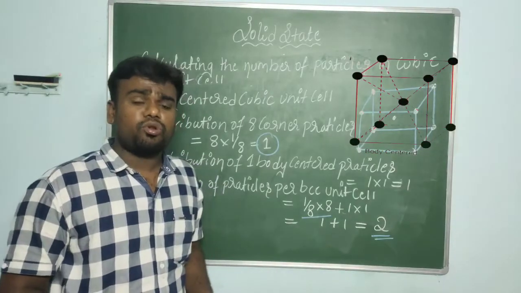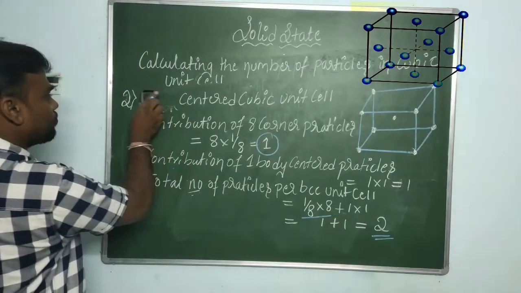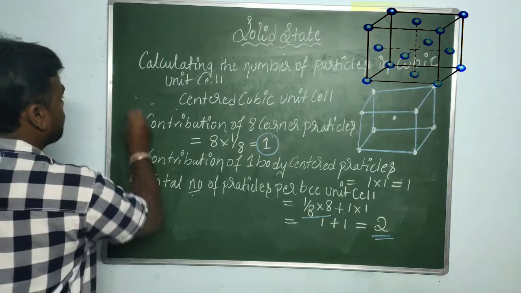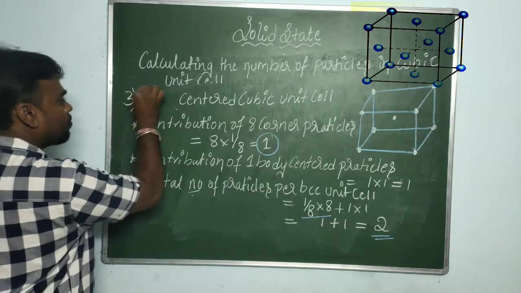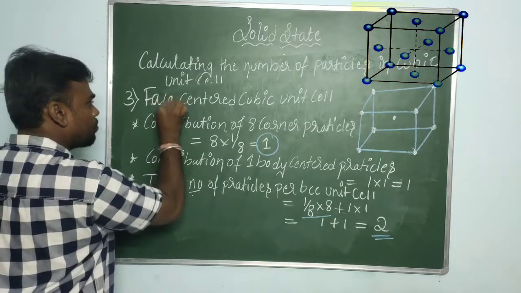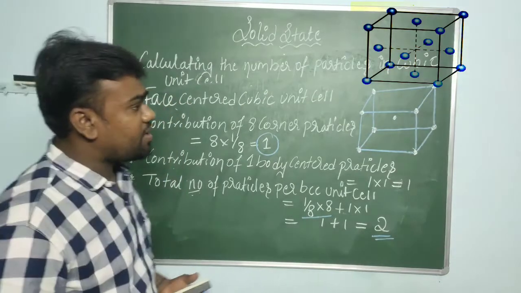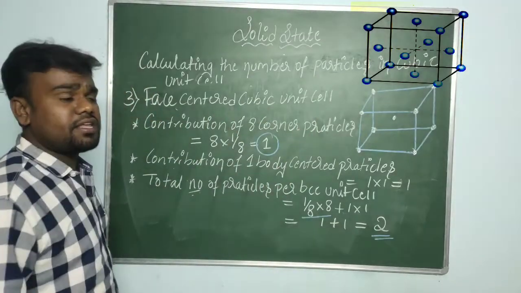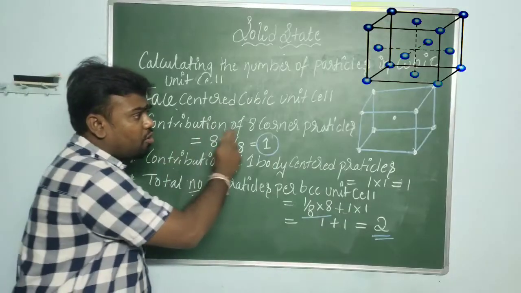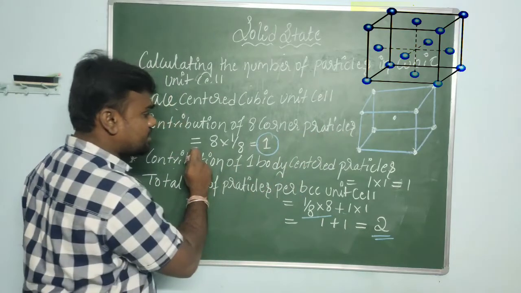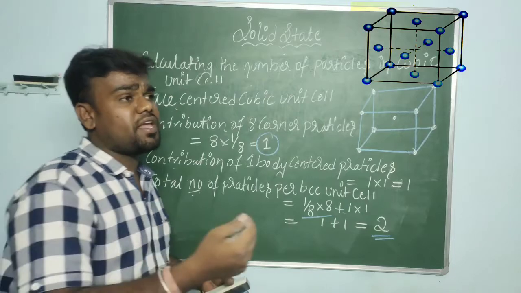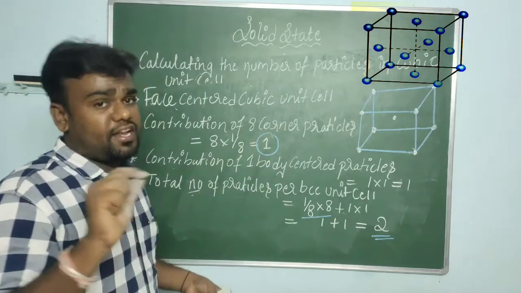Next, we are going to study the face centered cubic unit cell. Similarly, here also the contribution of 8 corner particles is 8 into 1 by 8, because one atom is shared by the surrounding 8 cubes.